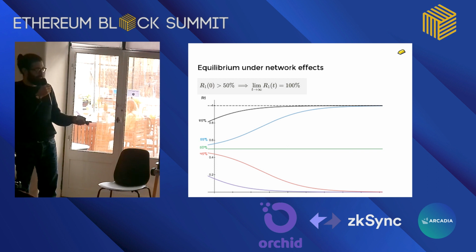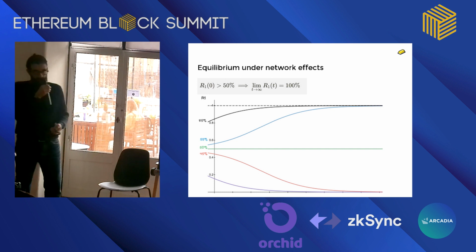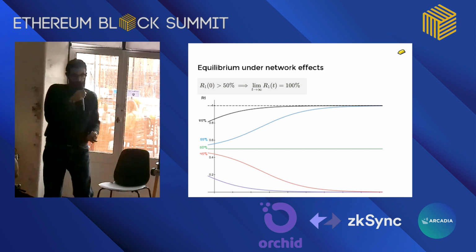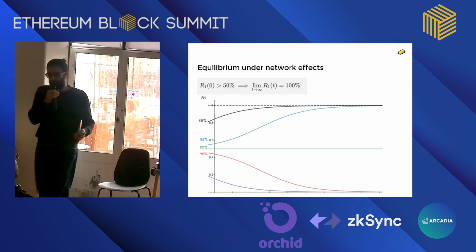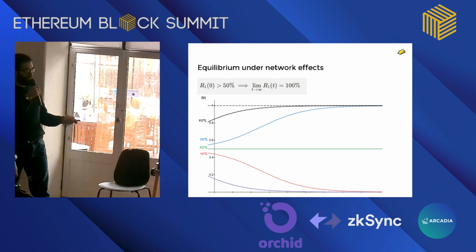If you start at 50, which is an equilibrium but not a stable one, then you should stay at 50 because there is no preference between the two AMMs. But if you start slightly below 50, then it's the second AMM which wins. So this is how much is going to the first AMM, and there it goes down to 0%.